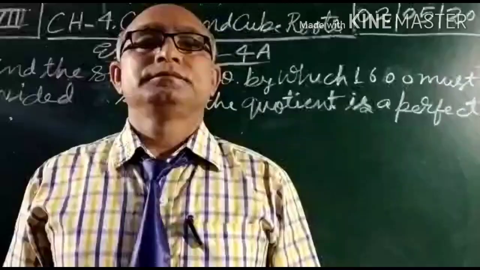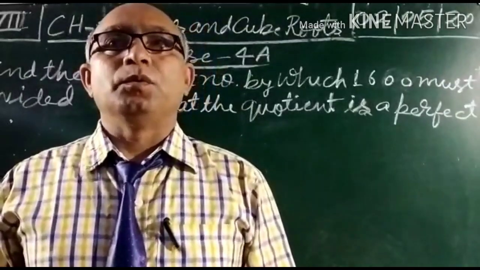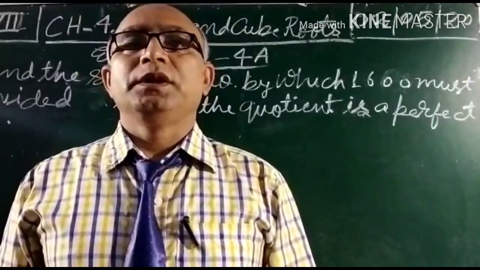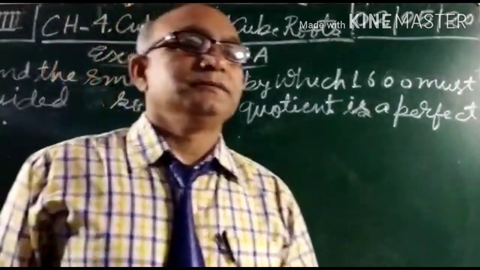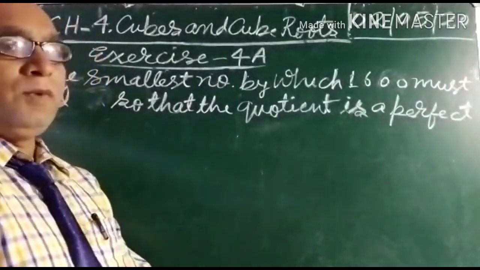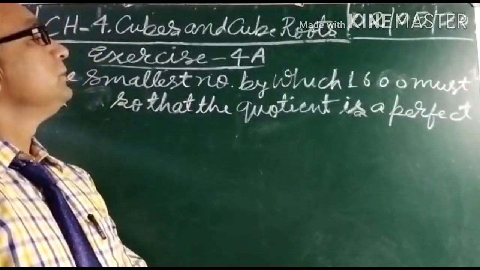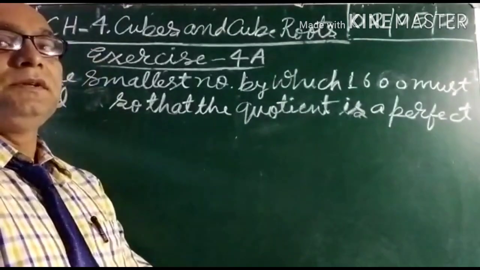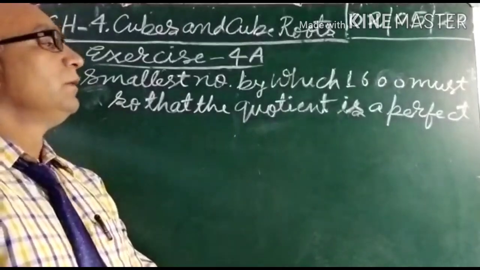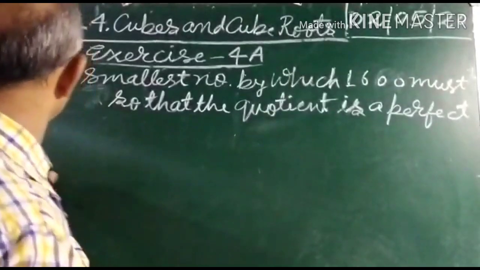Write this question. My dear students, one important question to write on this board is question number 9. Question number 9 is: find the smallest number by which 1600 must be divided so that the quotient is a perfect cube.